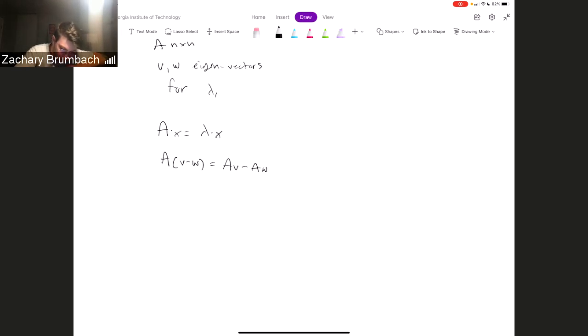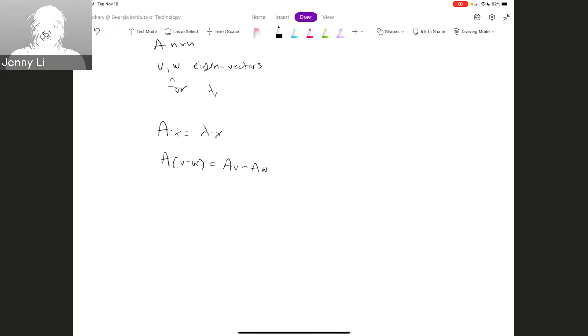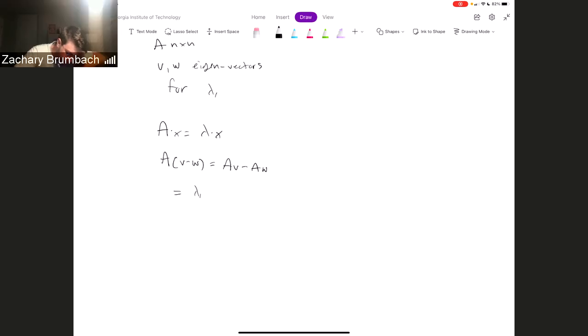V minus W. Okay, cool. So this is equal to lambda 1 V minus lambda 1 W. Which is what we were checking, right? So A times this is the same thing as just lambda times that. It is an eigenvector as well.